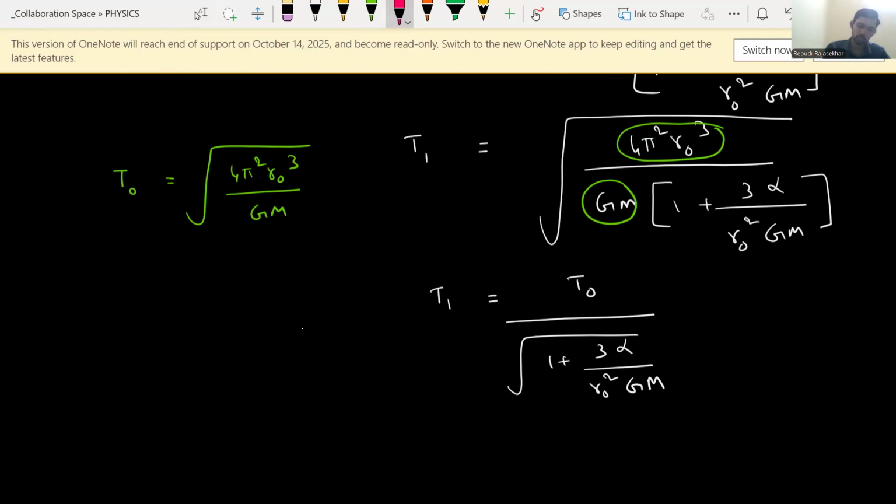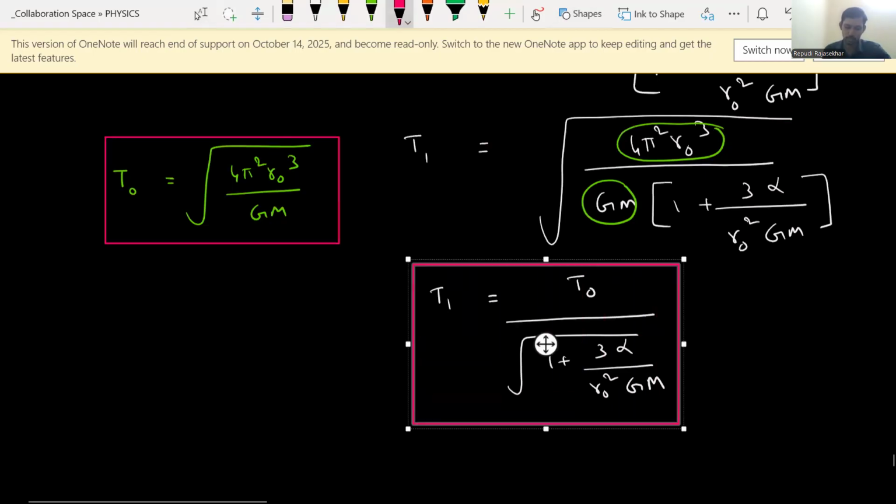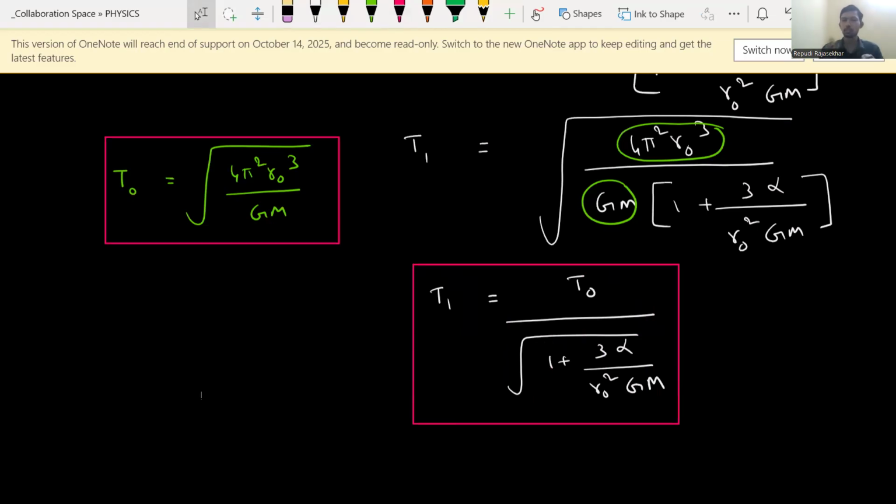Now we got both the required equations. So this is the T naught value and here it is the T1 value. At the end we got the T1 value here. Now T naught we know, T1 we know. Now everything is over. Just 3-4 steps of calculation are there, that I will give as homework.